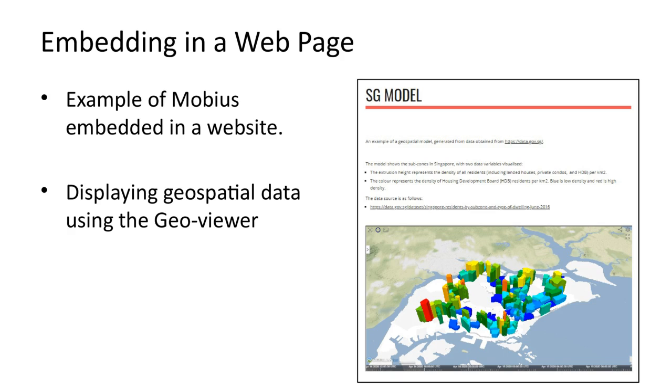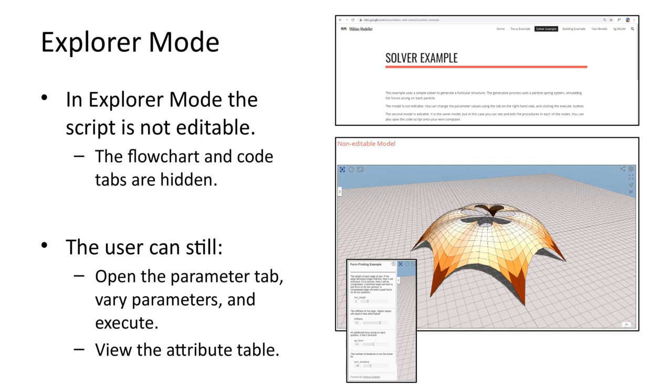Here is another example of Möbius embedded in a web page. In this case, the script generates a model visualizing data related to Singapore. The active viewer has been set to the Geo viewer. If the embed code for the script was generated using the Explorer mode, then the code will be hidden. This means that visitors to the website can change parameters and can generate model variants.